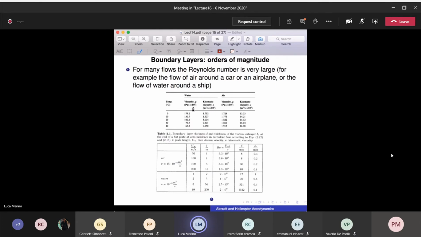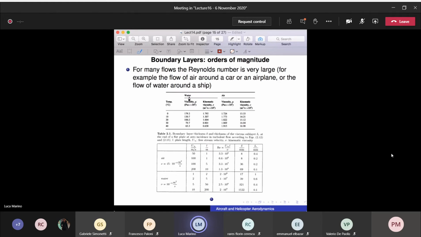In particular, for air, the viscosity, as you see, is a function mainly of the temperature.